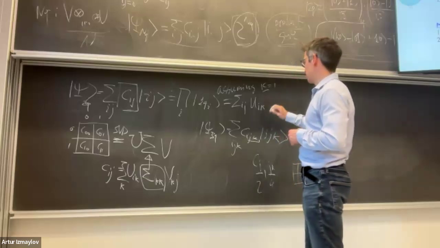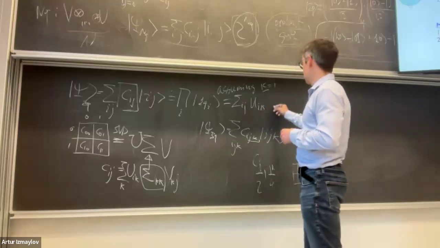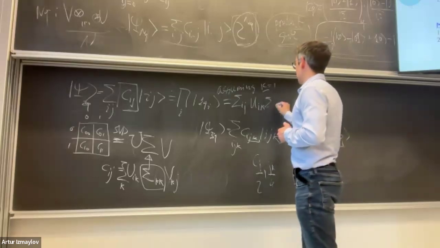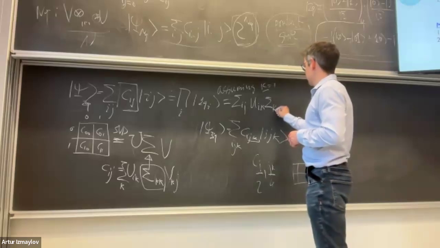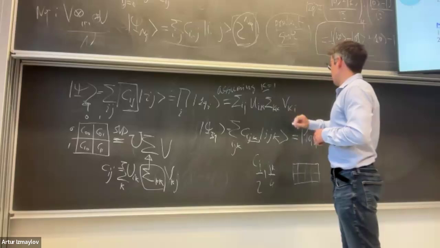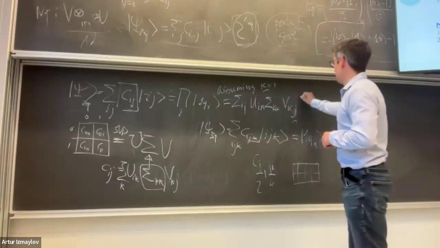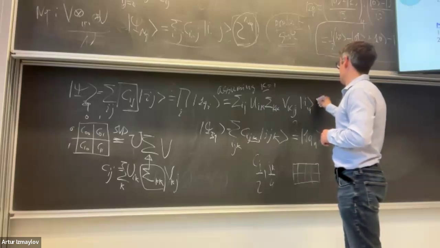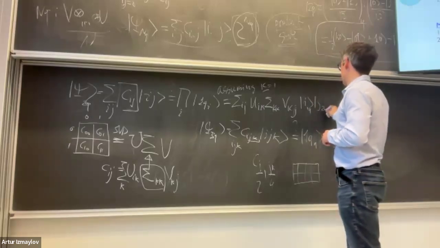Let's keep it k, but it's only one value, so we don't have summation over k. So that's sigma_kk, and then v_kj, right? And that's multiplied by i for the first qubit, and j for the second qubit.